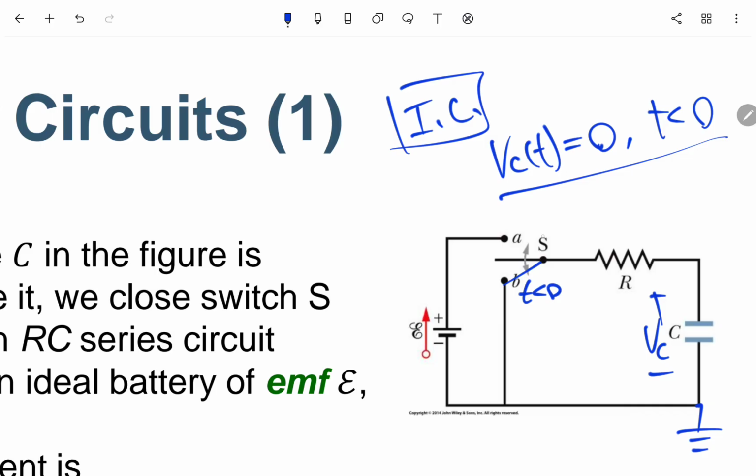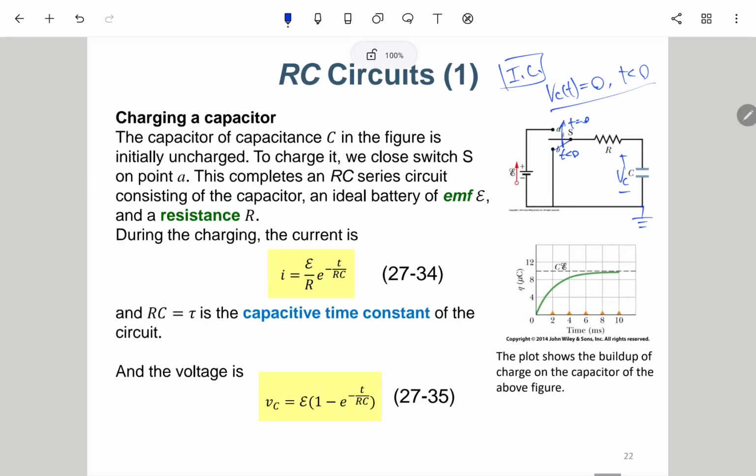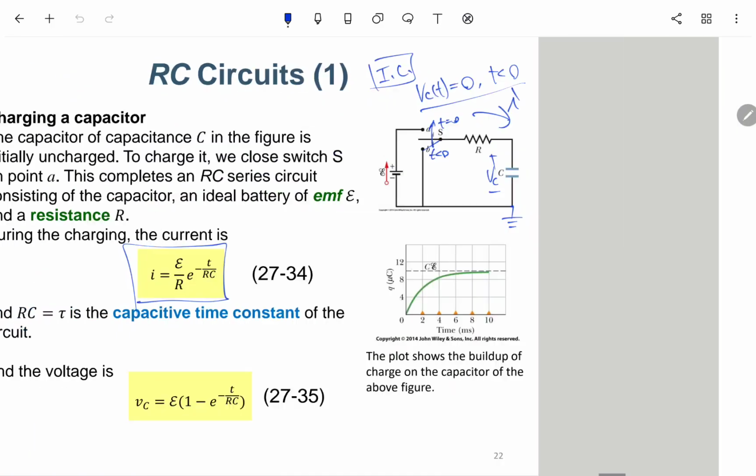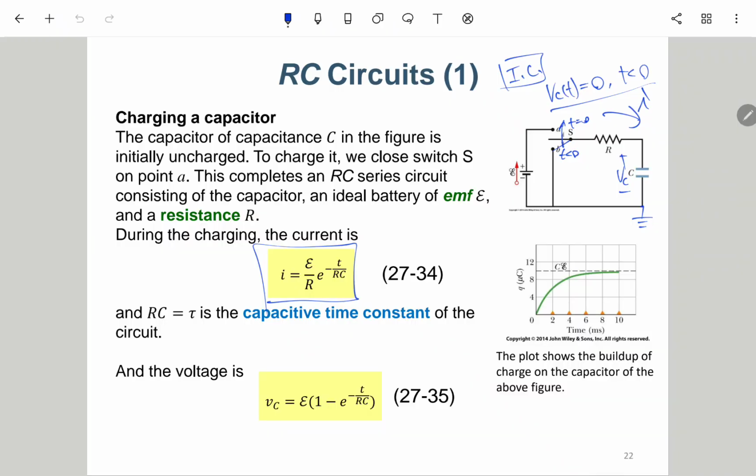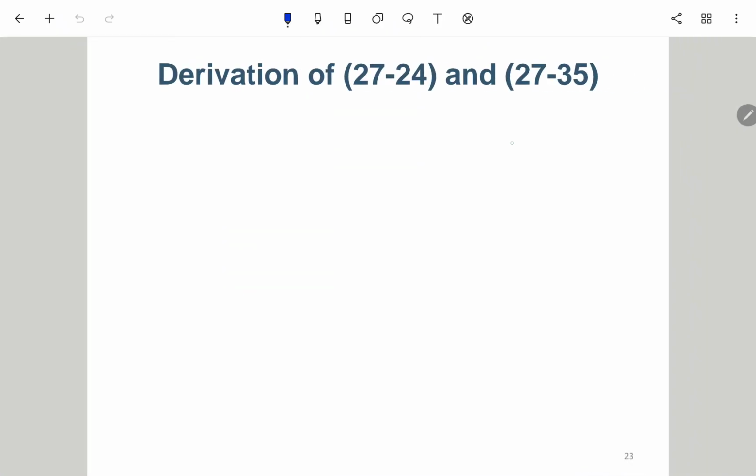Okay, so when t equals 0, the switch goes up to position A, and then the current I and VC will be like this. Here we would like to simply derive it.